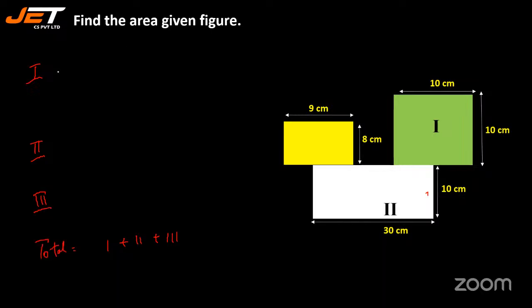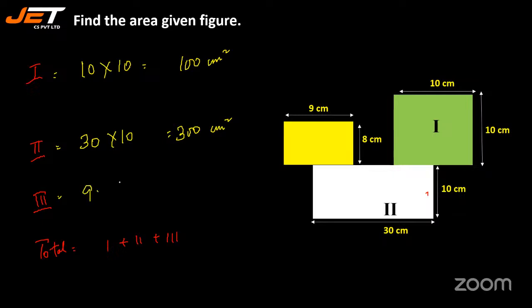Okay, so let's do this. For the first one, it's 10 times 10, a square, 100 centimeters square. The second one is a rectangle, 30 times 10, which is equal to 300 centimeters square. The third one is also a rectangle, 9 times 8, which is 72 centimeters square.